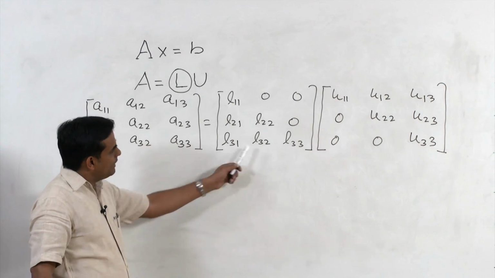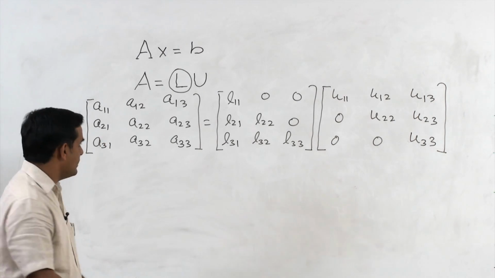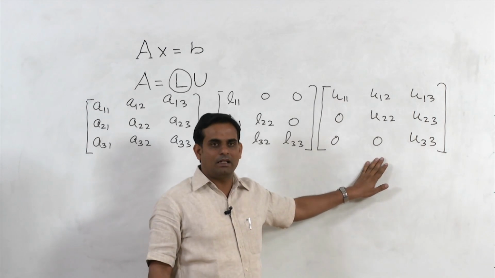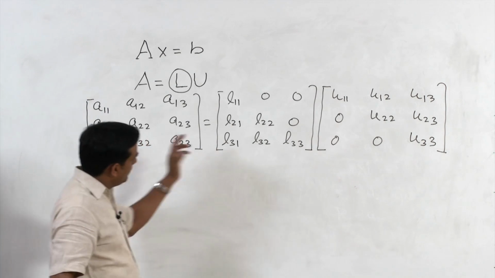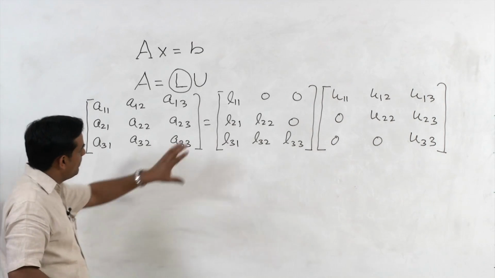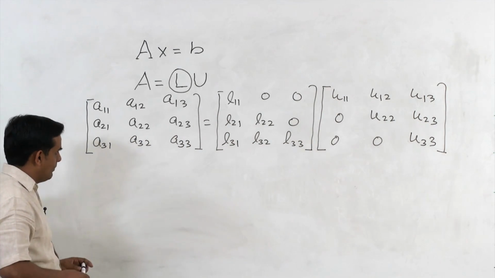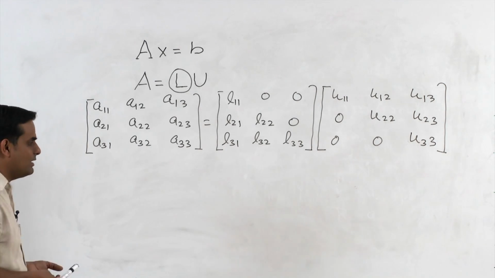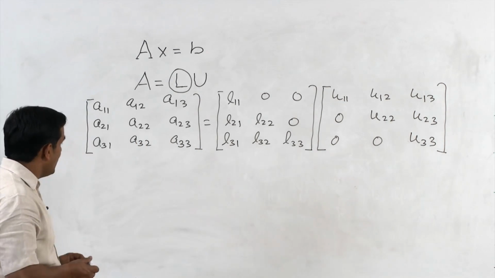However, in the right hand side, we are having total 12 entries, 6 from the matrix L and 6 from the matrix U. Hence, if we multiply these two matrices and try to find out the values of all Lij and Uij, we will not be able to do so, because here we are having only 9 entries. So, 9 equations and 12 unknowns.